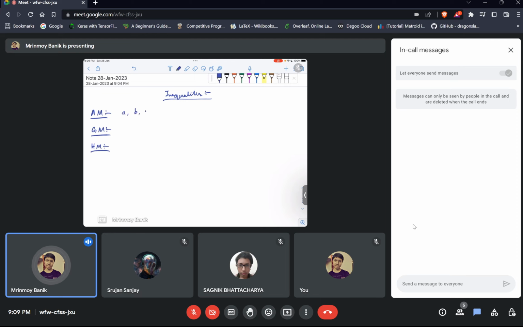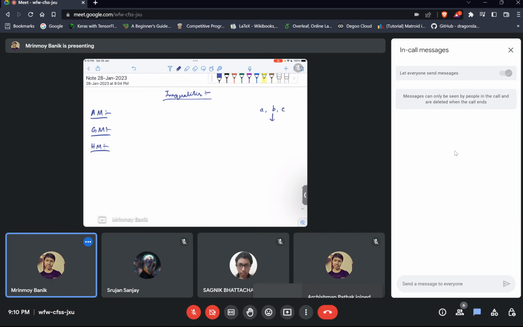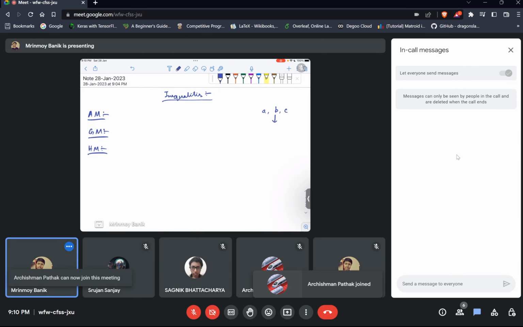If you have A, B, C, three numbers, then the central element B can be expressed as A plus C by 2 if this is an AP.